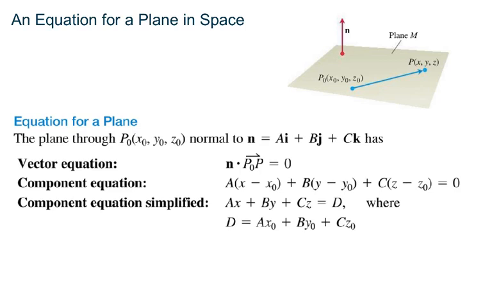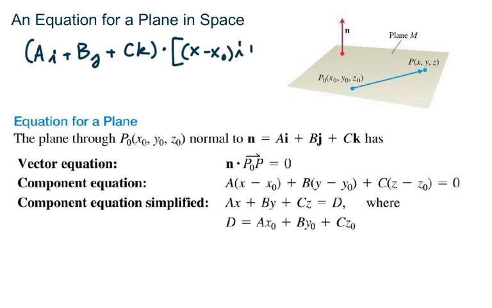So we have a little bit more math. If we write this out like this, Ai plus Bj plus Ck dotted with x minus x naught i plus y minus y naught j plus z minus z naught k, we know that the dot product of those two vectors equals 0.